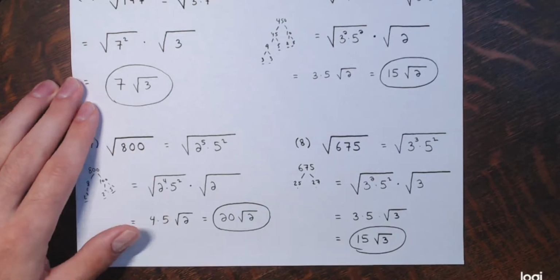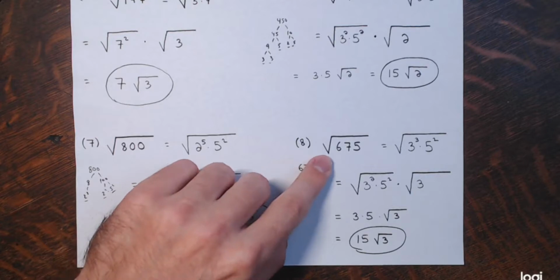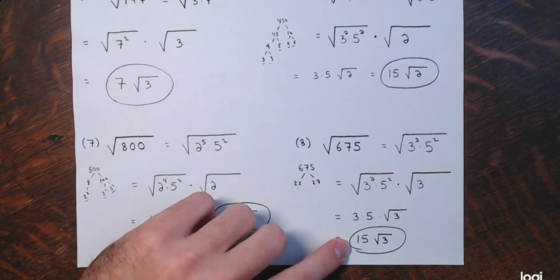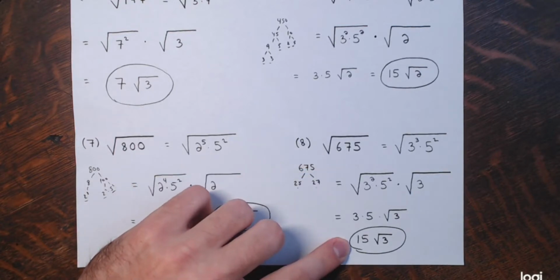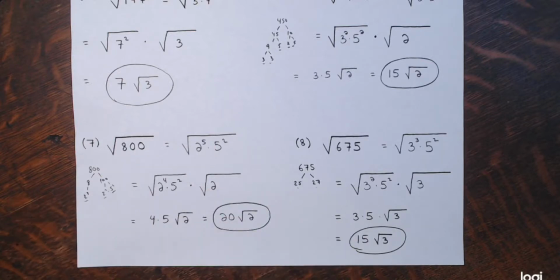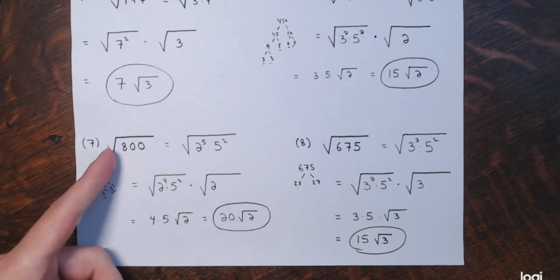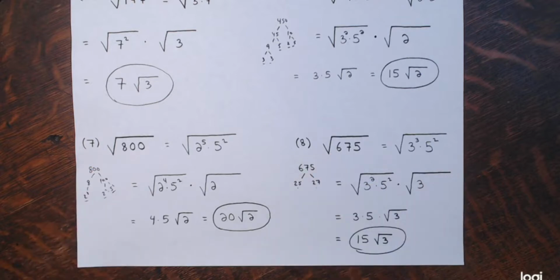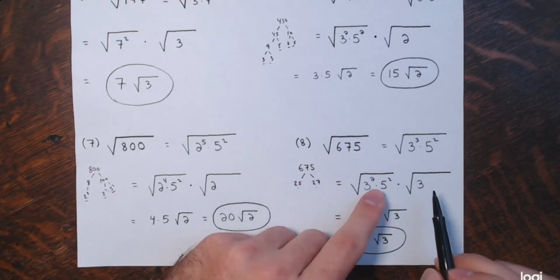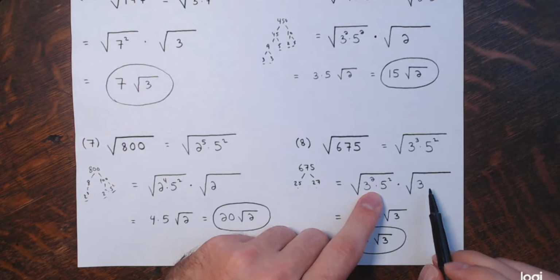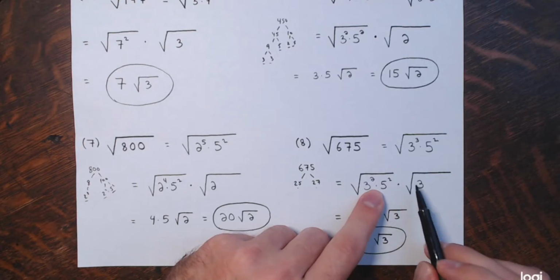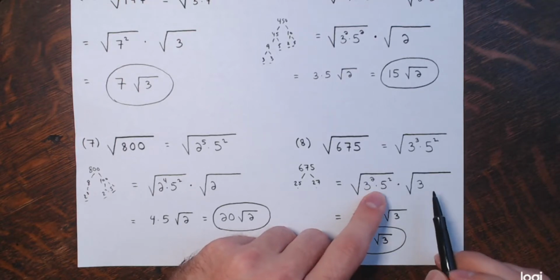And once again, double check. Punch in the square root of 675, punch in 15 times the square root of 3, and you should get the same result. Alright, so all these first 8 examples were square roots. So when I broke it up using the product property, I was taking the square root of squares times the square root of non-squares.